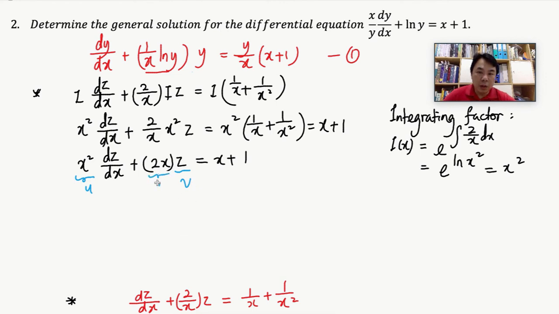This part here will be our du dx, because if I differentiate this, I will get 2x, whereby this part here will be my dv dx, if you recognize it correctly. Because we recognize the form of the product rule, we can express this whole term as d dx of u, which is x squared, times z, the same as x plus 1.